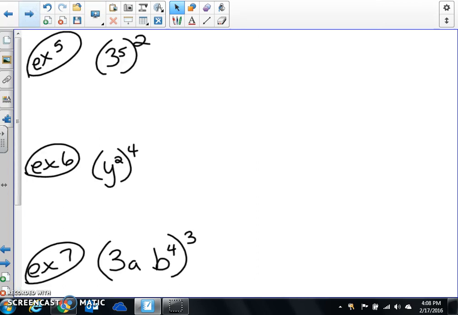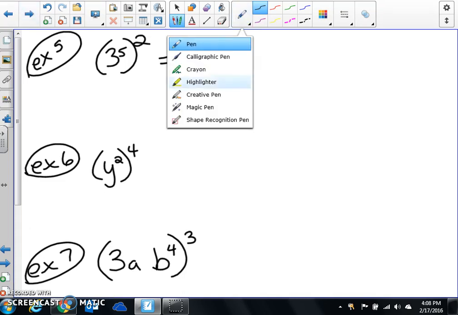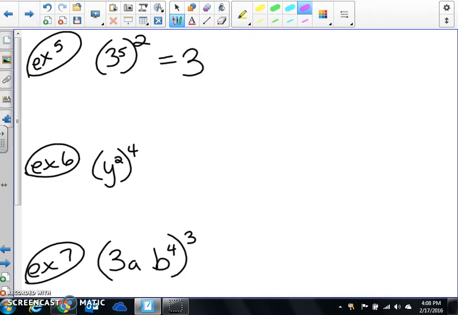So we take our base, which is 3, and then we multiply our exponents, because this is 3 to the 5th all to the 2nd, or all squared. So we take 5 and 2, and we multiply them. So 5 times 2 is 10. And then once again, this is a number, so we could actually simplify that further.